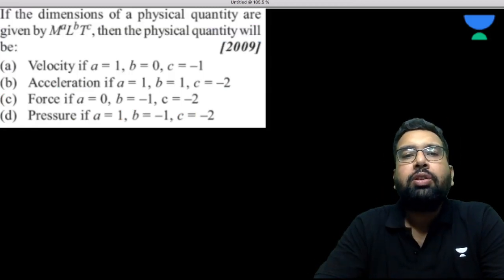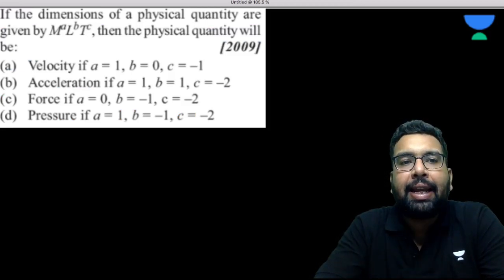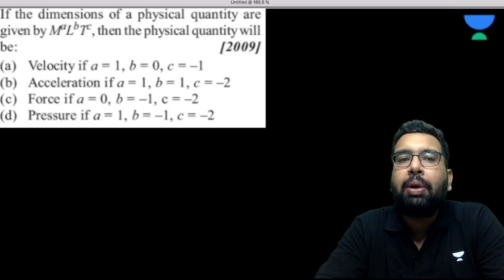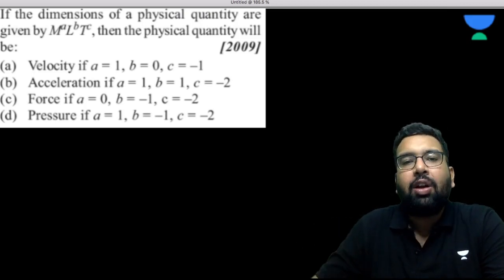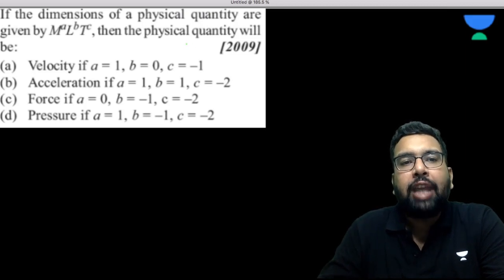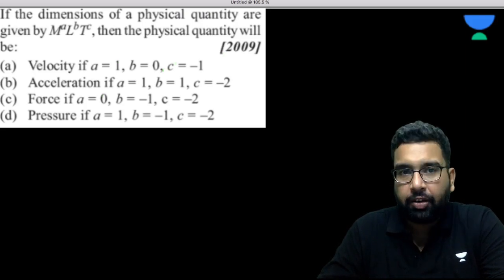If the dimensions of a physical quantity are given by M to the power a, L to the power b, T to the power c, then the physical quantity will be. So how can we solve this question? We have four options, so we go by the options and check one by one.